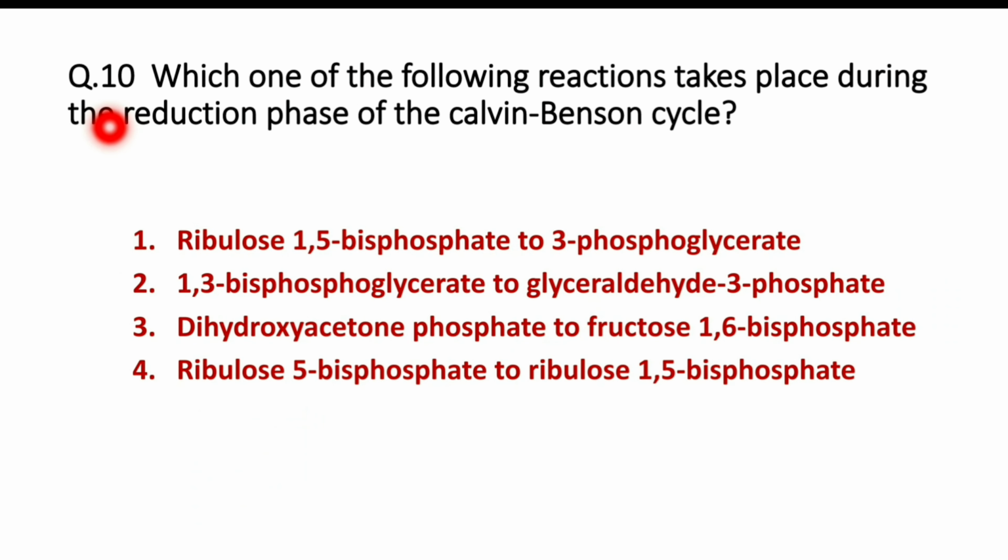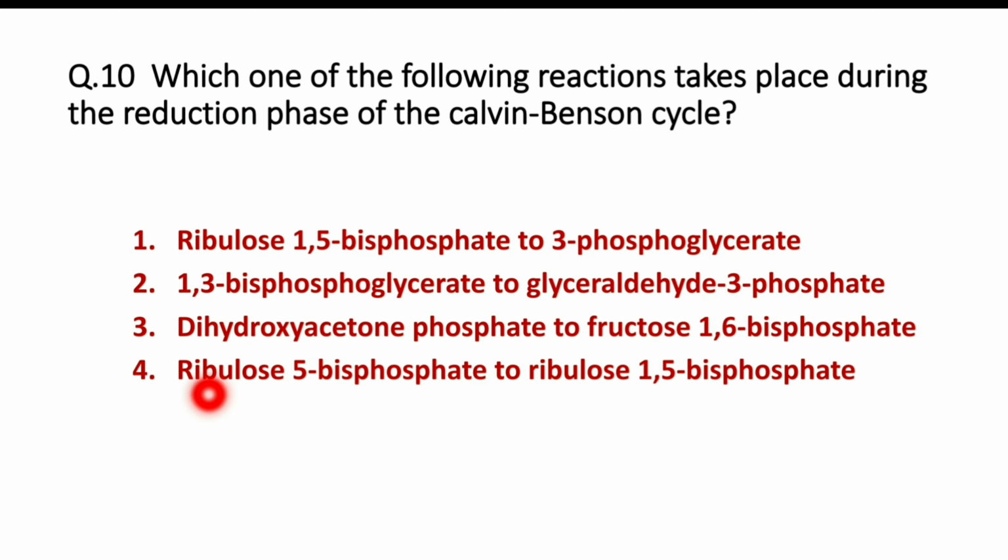Question number 10. Which one of the following reactions takes place during the reduction phase of the Calvin-Benson cycle? The options are: 1. Ribulose 1,5-bisphosphate to 3-phosphoglycerate. Option 2. 1,3-bisphosphoglycerate to glyceraldehyde 3-phosphate.